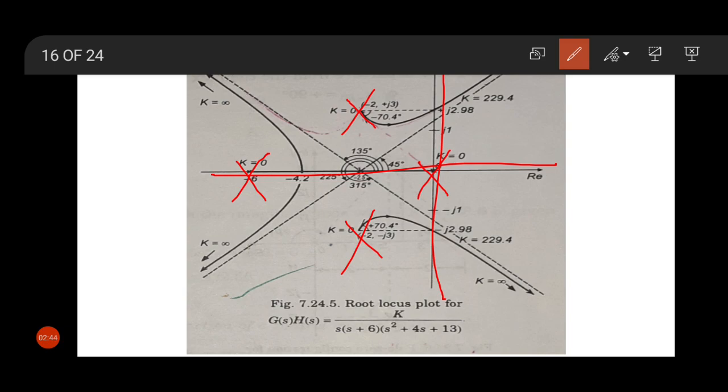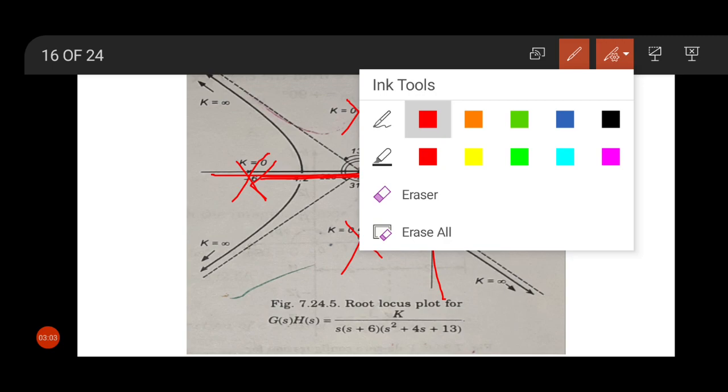That's why this whole portion, in between 0 to minus 6, is the region of root locus. That's why I have mentioned that on the real axis the root locus lies between two poles, 0 and s equal to minus 6. Now let me clear these things.